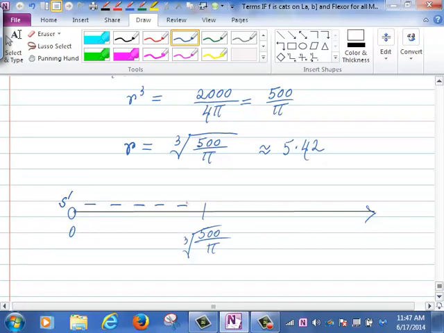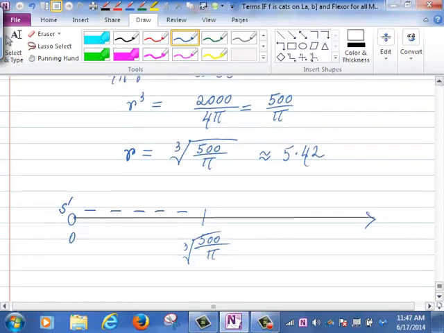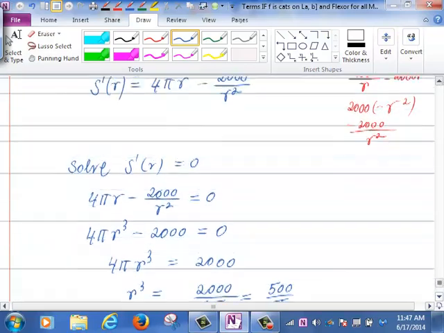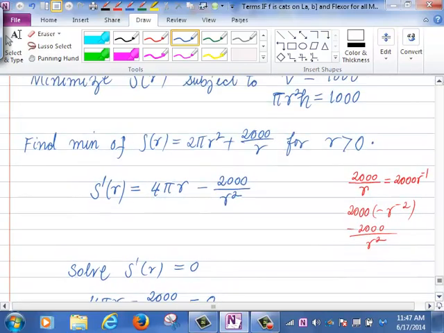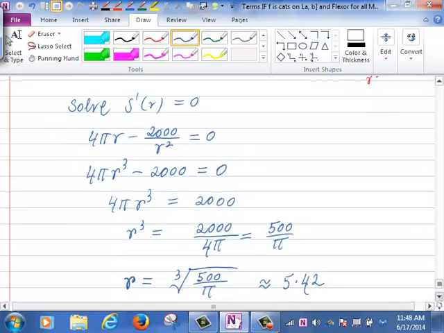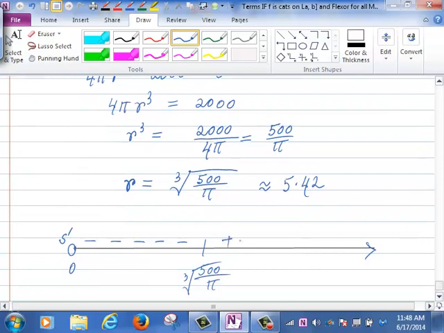And beyond 5.42, you can plug in 6, or 7 or 10. Let's plug in 10 because it's easy. 2000 divided by 10 squared is 2000 divided by 100, which is 20. And then when you plug in 10 for r here, you get 4 times that, 40. So it's clearly positive. The derivative is indeed positive here.